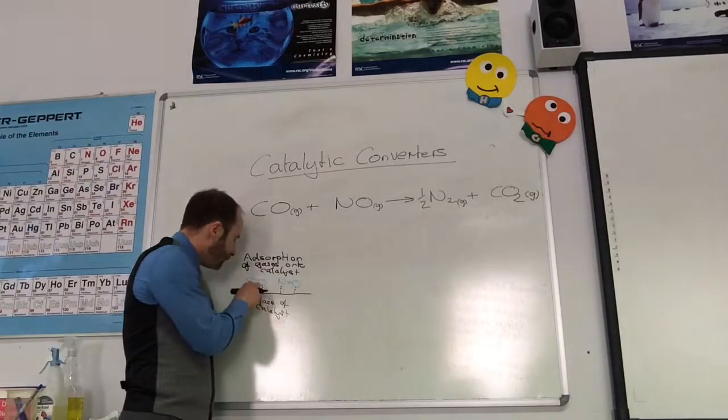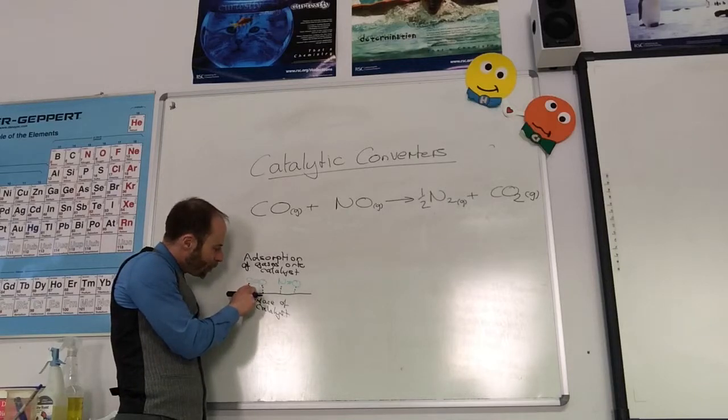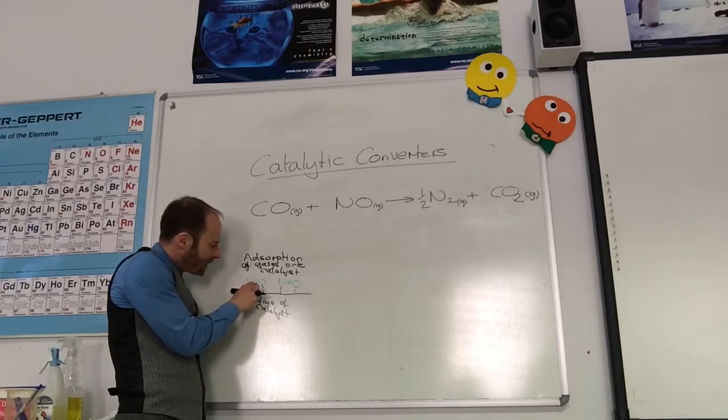What's happening here? If it's forming a bond with the surface of the catalyst, using the electrons to form that bond, what do you reckon is happening to the bond between my two atoms here? It's becoming weaker?